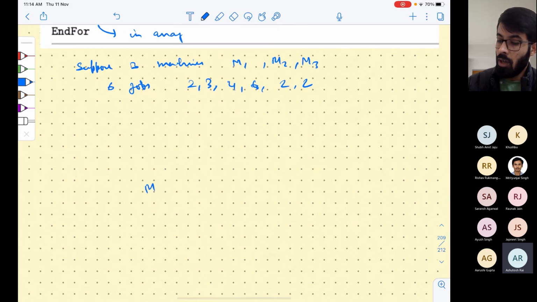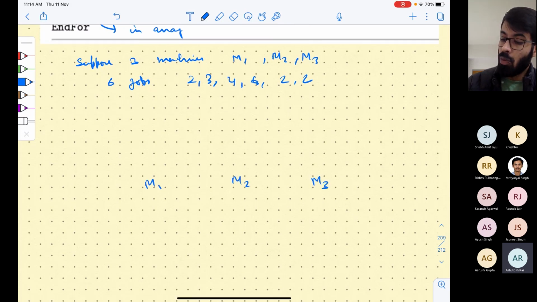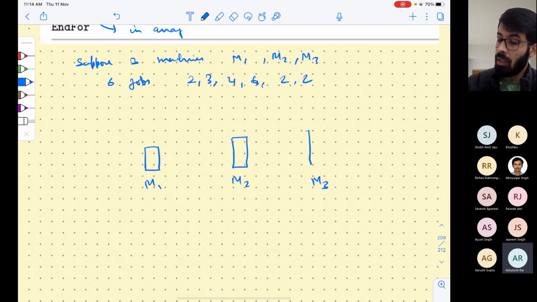Let's look at how the algorithm will assign these. First the job 2 comes, so let's say it gets assigned to M1. Then the job of length 3 comes, it gets assigned to M2. Then the job of length 4 comes, it gets assigned to M3. So this is 2, 3, 4.